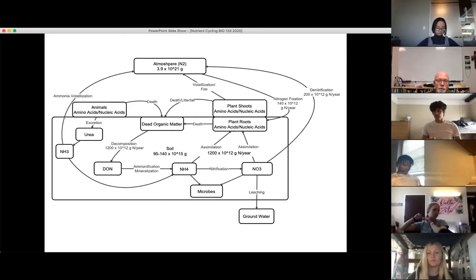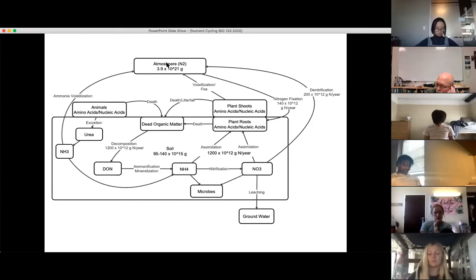Now, many of these transformations are in soil and they're accomplished by different kinds of bacteria. So a lot of what's going on in the nitrogen cycle is actually all happening down here in soil. And there are only a couple of interactions between the terrestrial ecosystem, in this case, and the atmosphere, which is the major pool.